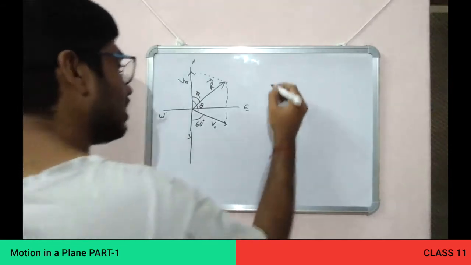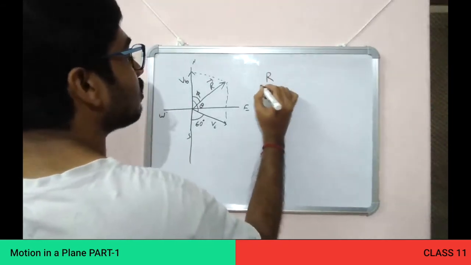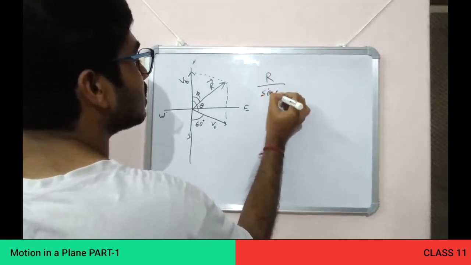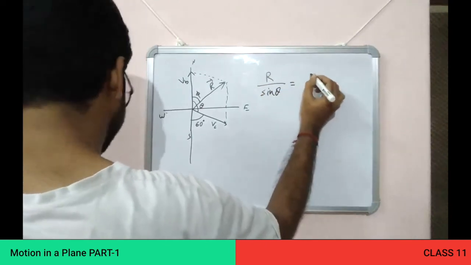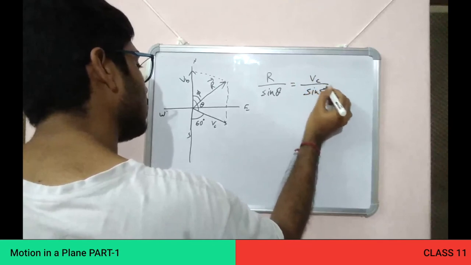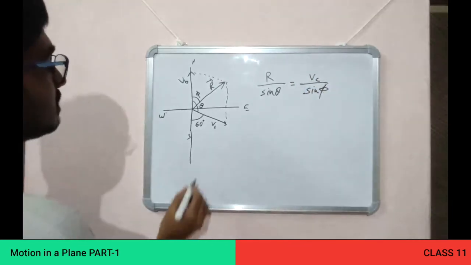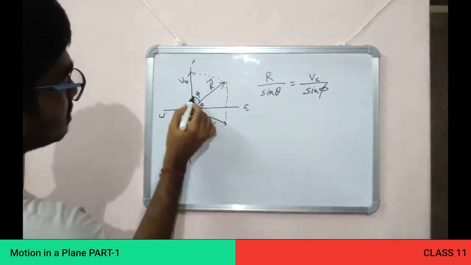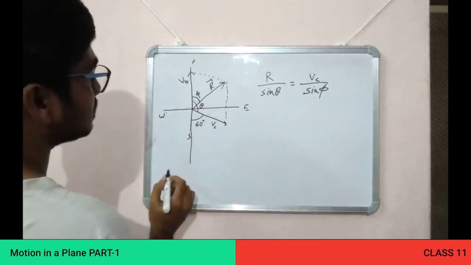So phi, from the sine law we can write R by sin theta is equal to VC by sin phi. VC is this, and phi is this angle.